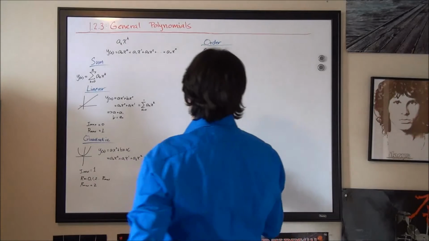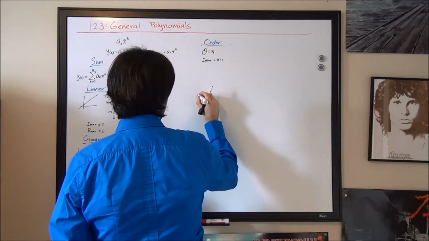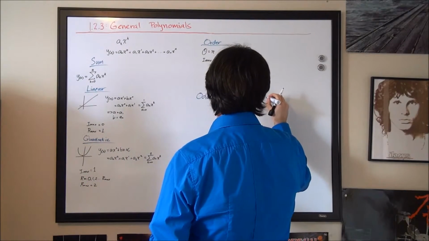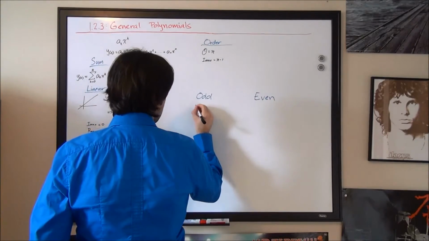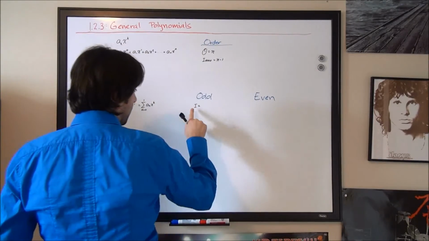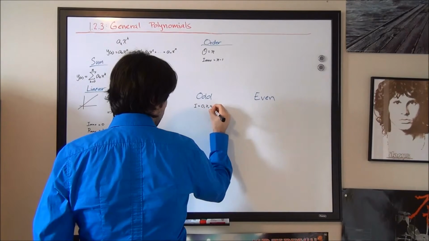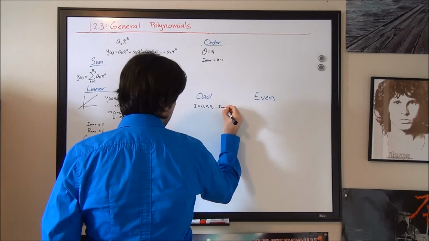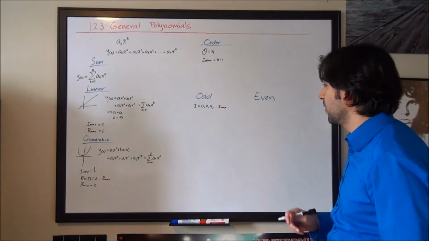So, we could say, I'm going to write this down here. For an odd function, the number of inflection points will be equal to 0, 2, 4, etc. up until I max. Keeping in mind that I max is going to equal n minus 1.